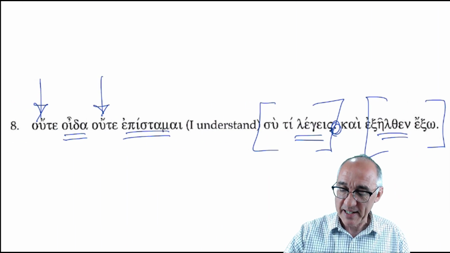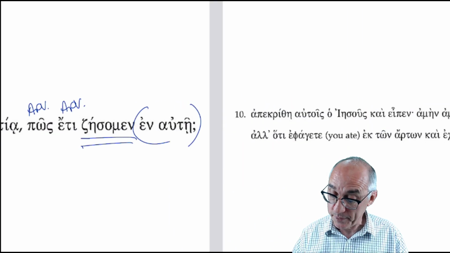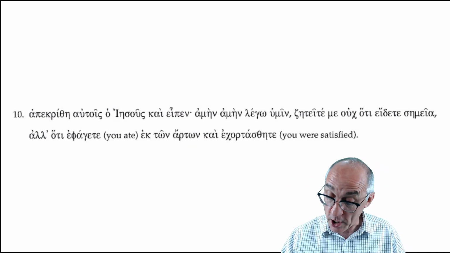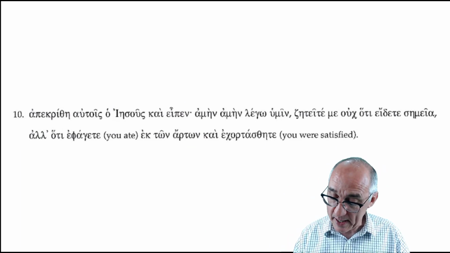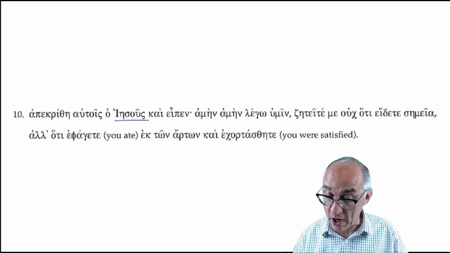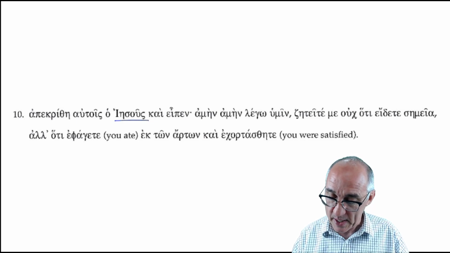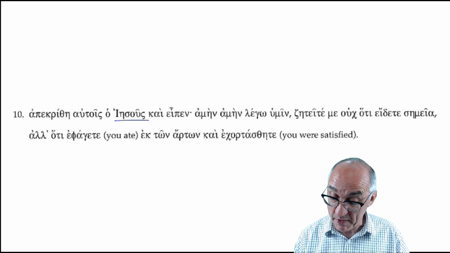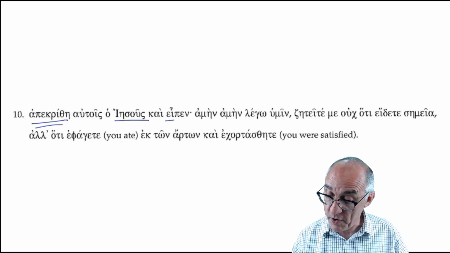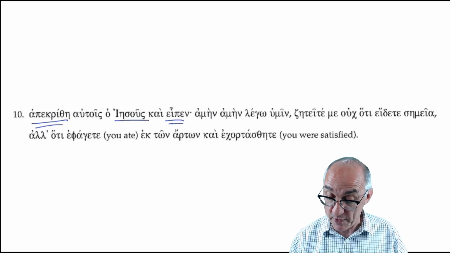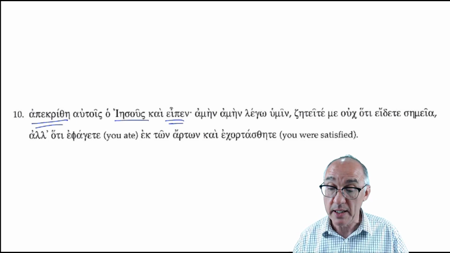And let's look at number 10. Long sentence here. Subject, Jesus, that's often relatively easy to find. And we have a verb and a verb. So, Jesus did this. He did this verb thing, and he did that verb thing.